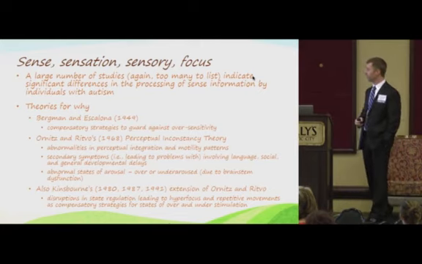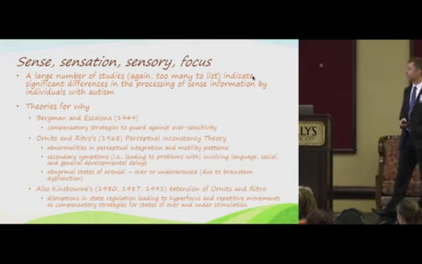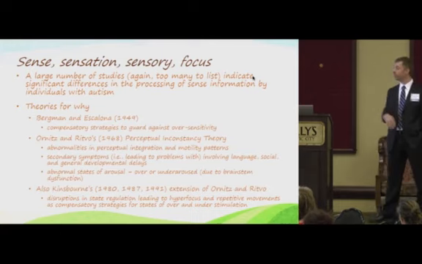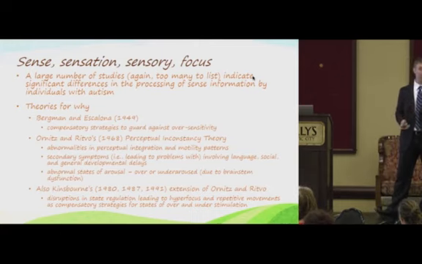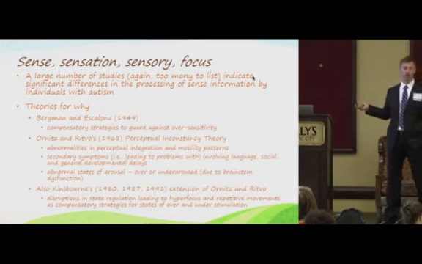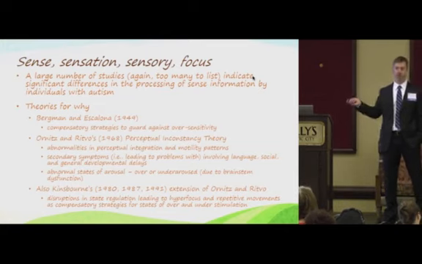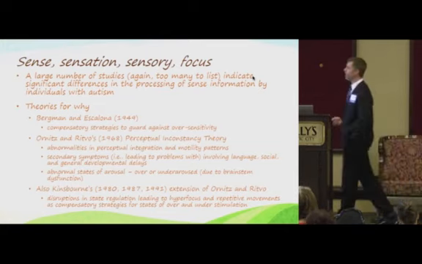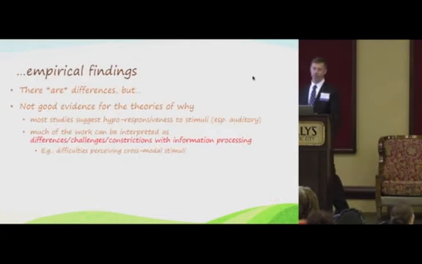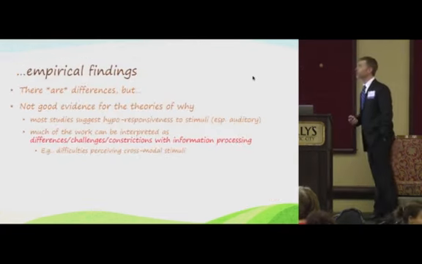Ginsburg, 20 years later, extended this and said that this had to do with state regulatory issues that led to hyperfocus or repetitive movements as a compensatory strategy for over or under stimulation. Should all sound pretty familiar, right? You guys have been getting this kind of thing from DIR, right? So it goes back a very long time. Empirical findings are a little murky on this.